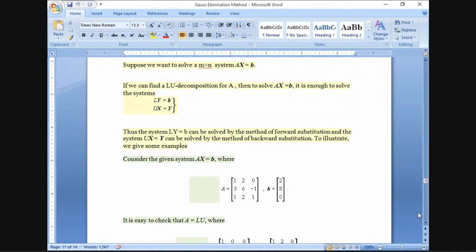Just take your pen and paper, note down this example in your book, and tell me the values of x1, x2, x3, y1, y2, and y3.